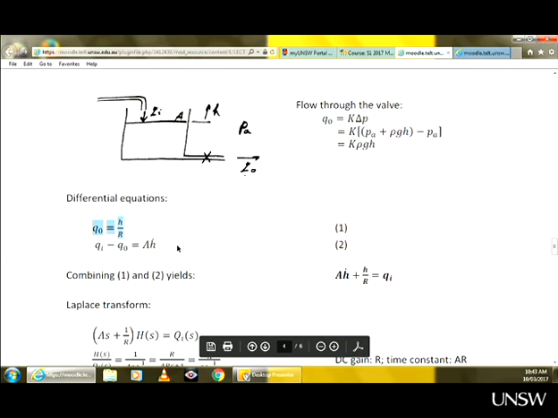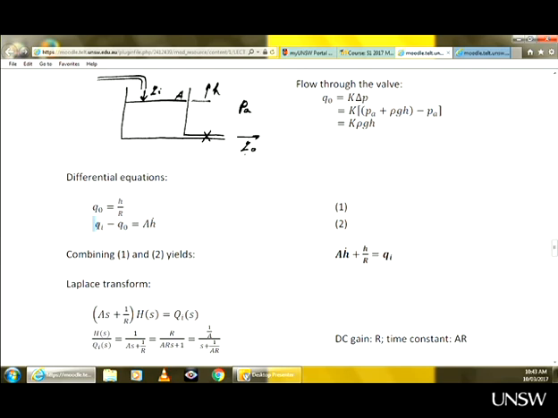And the second equation we can write is, if you remember our last lecture, the flow in minus flow out equals the rate of change of mass, or in this case volume, because we are ignoring compressibility of water. From the first one, Qo equals a constant times h.